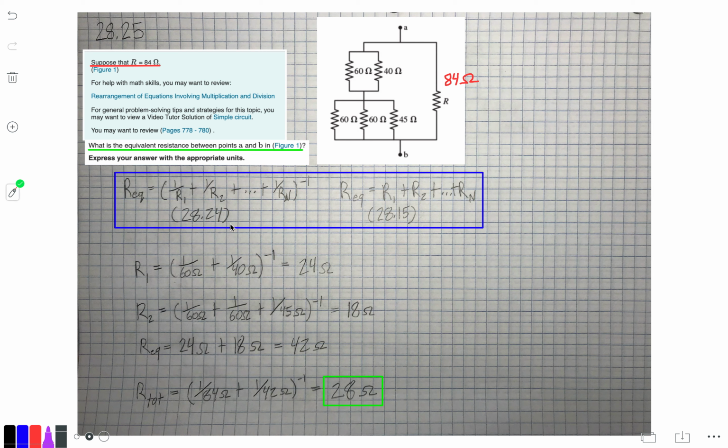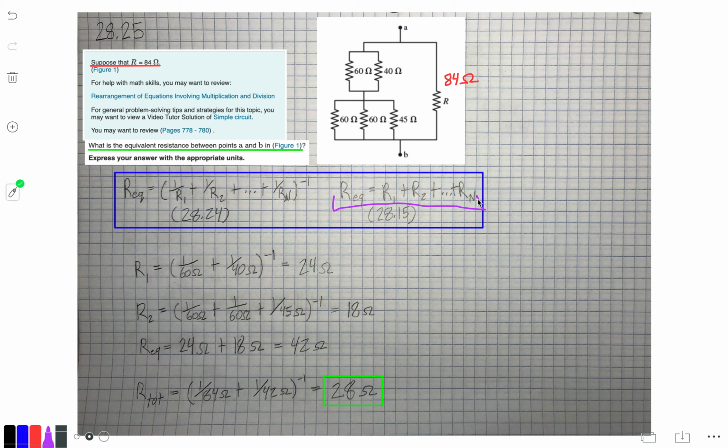And we also have these two equations, which are from chapter 28.4 and chapter 28.6 in the book, in which we talk about parallel and in-series resistors. This equation here is for parallel resistors, whereas this one is for in-series.